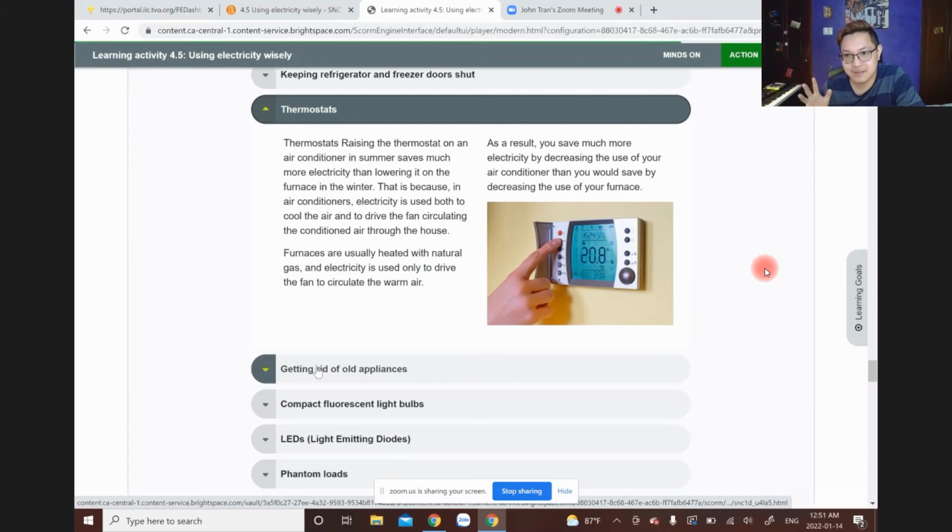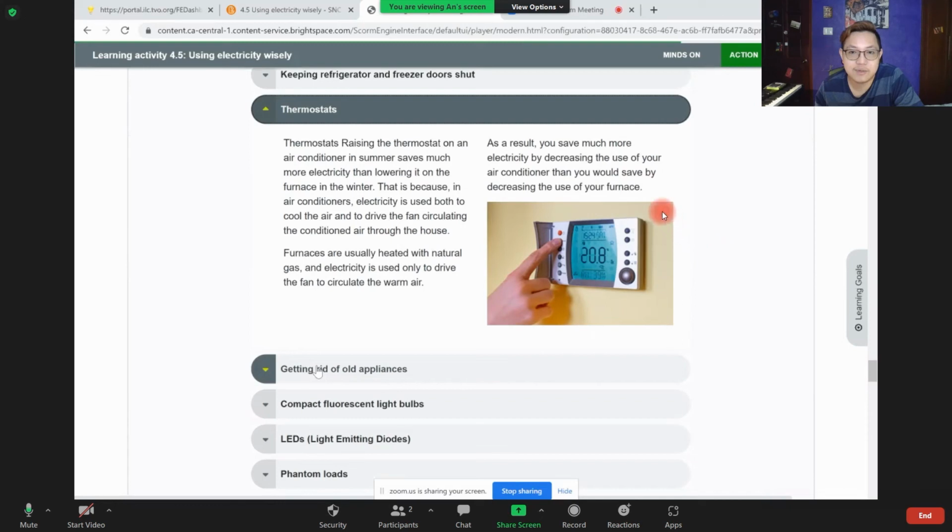You breathe out CO2, right? And CO2 keeps the heat inside the home. So furnaces drive a fan to circulate the warm air inside the home. But air cons use energy to cool the air and to drive the fan. So two things at once. It has to cool the air and drive the fan to circulate the conditioned air through the house. So it does two tasks at the same time. Air cons take more energy than furnaces.